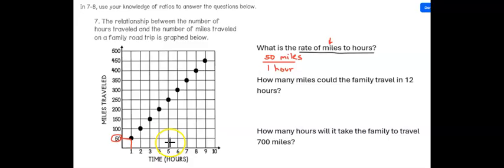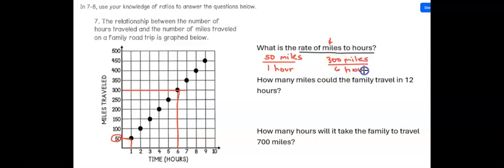Okay, someone might have said, well, I'm looking at this one right here, and it's 6 hours, and 300 miles took 6 hours. So someone might have said, hey, I see 300 miles in 6 hours. You could pick any ordered pair you want because they're all equivalent, right?